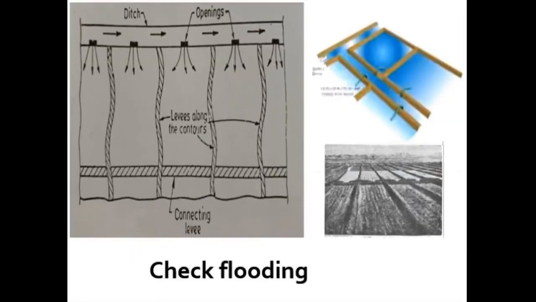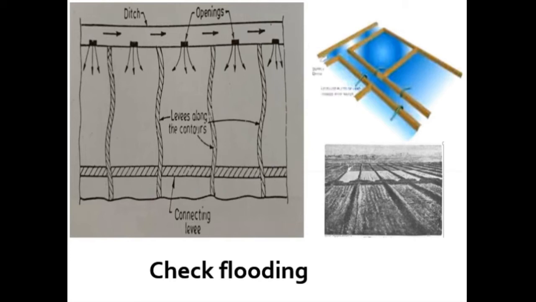The checks are square, rectangular, or irregular plots. If the ground has some initial slope, levees may follow the contour. The size of the check basin may range from 3 meters by 2 meters to 30 meters by 30 meters or even larger.